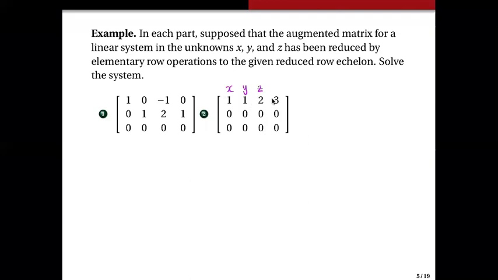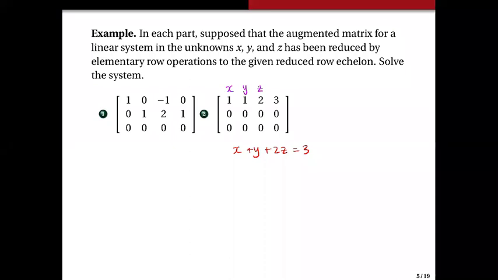And only the first row has non-zero entries. If we translate this to an equation, this means that we have x plus y plus 2z equals 3. So we are only given one equation. So how do we solve the system?